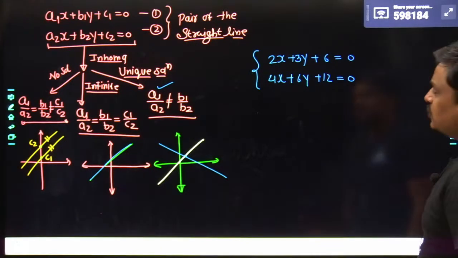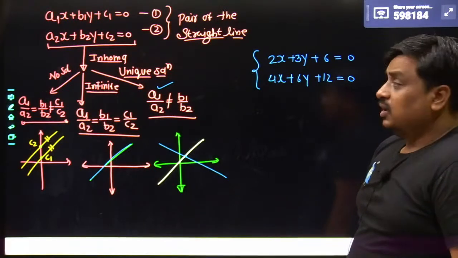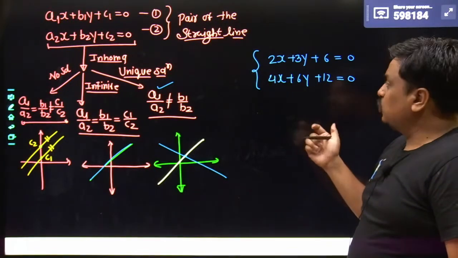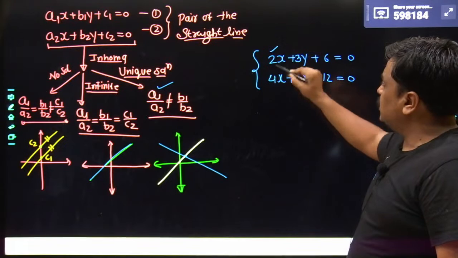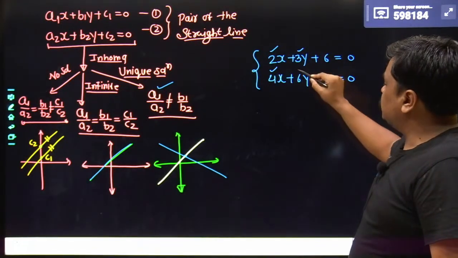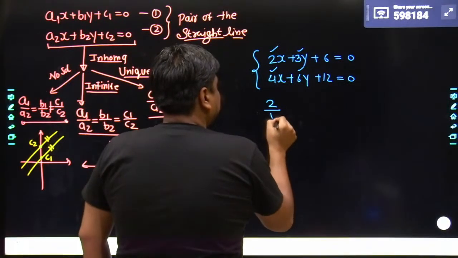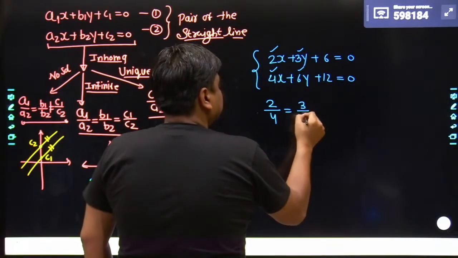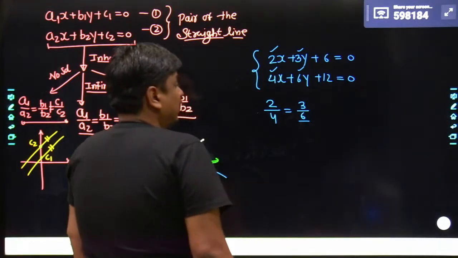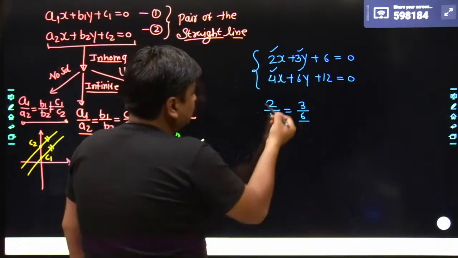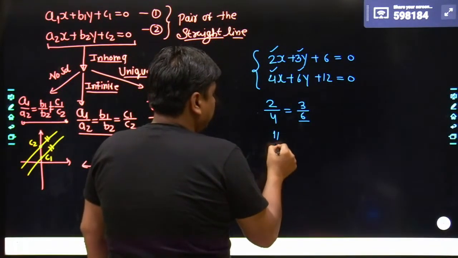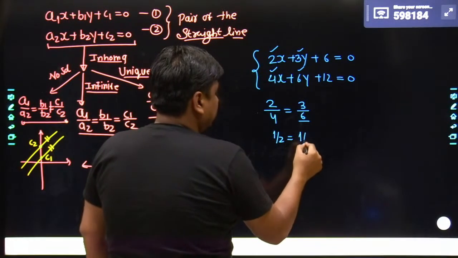My dear friend, you just have to focus on their slopes. Exclusively, you need not calculate the slope; just focus on the coefficient of x and the coefficient of y, and take their ratios: 2 versus 4, 3 versus 6. May I know whether their ratios are the same? Obviously their ratios are the same. 2 divided by 4 is half and 3 divided by 6 is half.